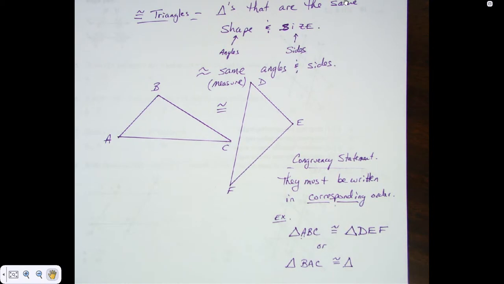What's another way to write this? You guys try to do that on your own. Try to finish out that congruency statement that I wrote, see if you get it right. And then I'll tell you the correct answer.